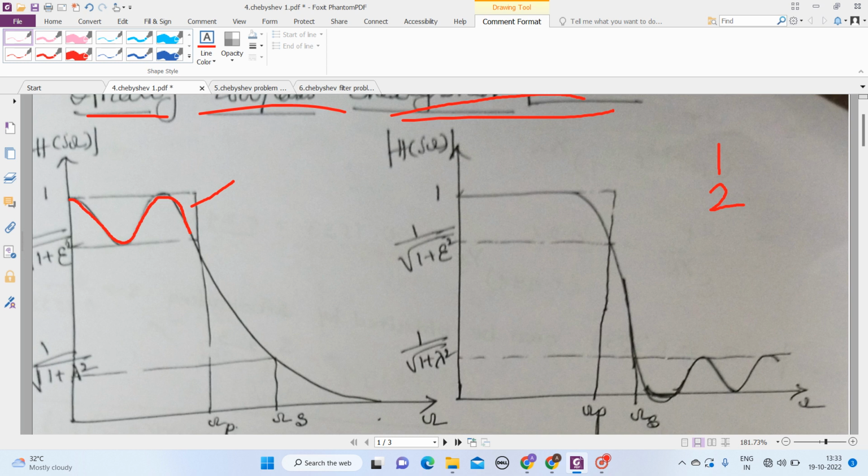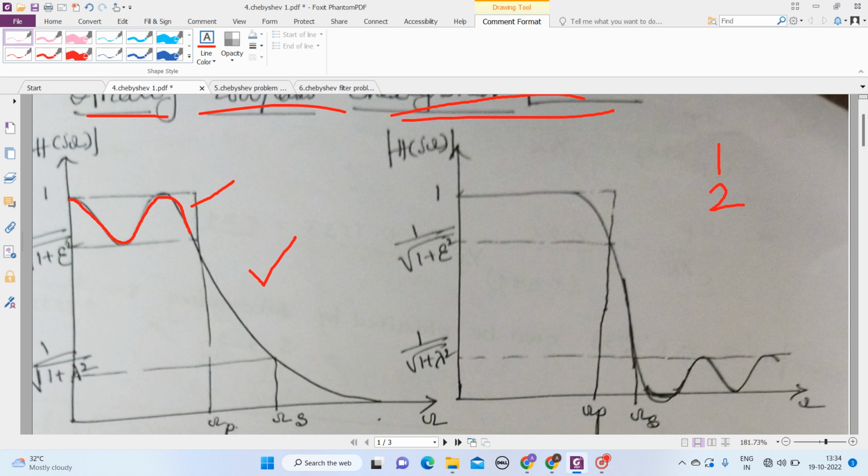Here we see only monotonic behavior, or monotonic characteristic, in the stop band. That is, there are no ripples there. Such a type of filter we call Chebyshev type 1. Then this is the Chebyshev type 2.